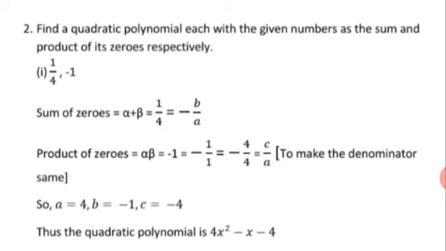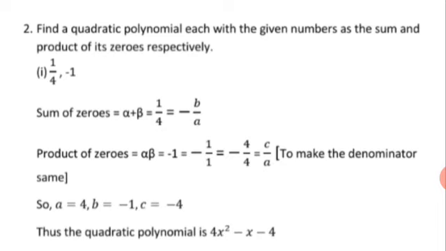And c is directly equal to minus 4. What you have actually done is equate the denominator to the denominator, numerator to the numerator, but you have to concentrate on the sign of the coefficients also.